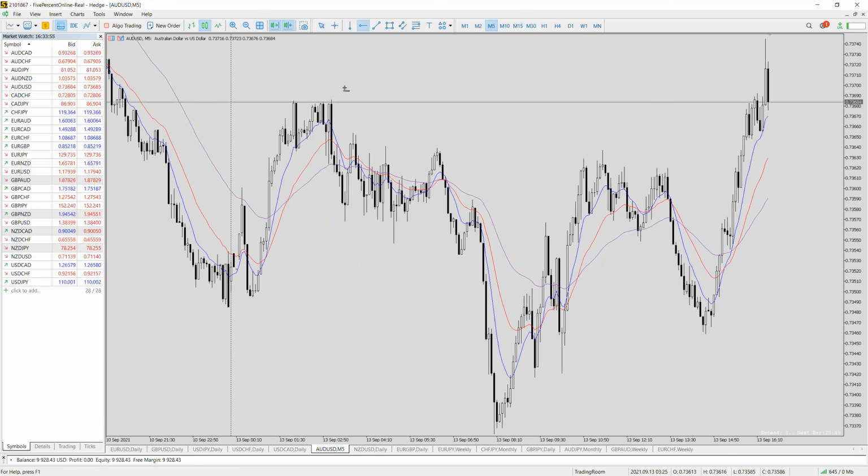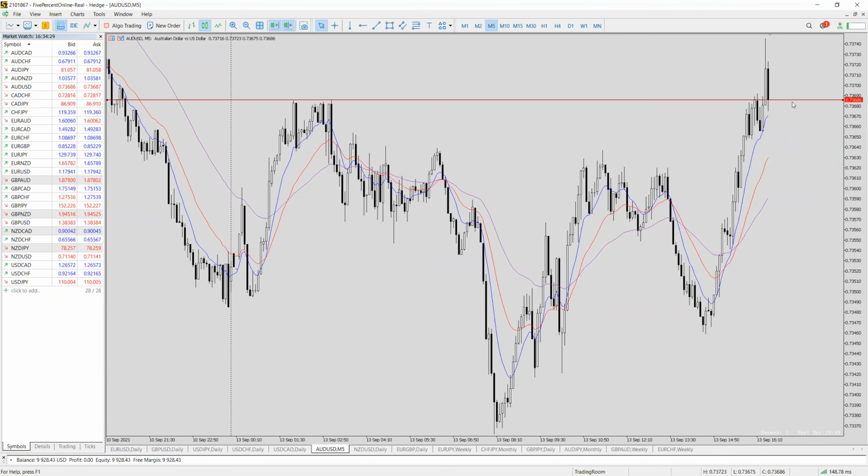For example, here, let's say we have a breakout of this resistance area. It tested, went down, went up again.